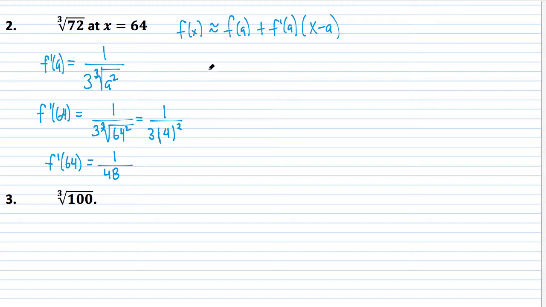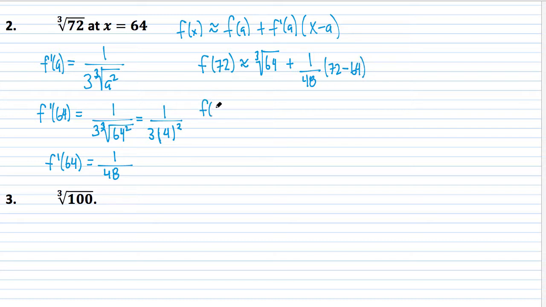So for my approximation, f of 72 is going to be approximately equal to f of a, which is the cube root of 64, plus f prime of a, which we just found to be 1/48, times the difference between x and a. That's 72 minus 64.